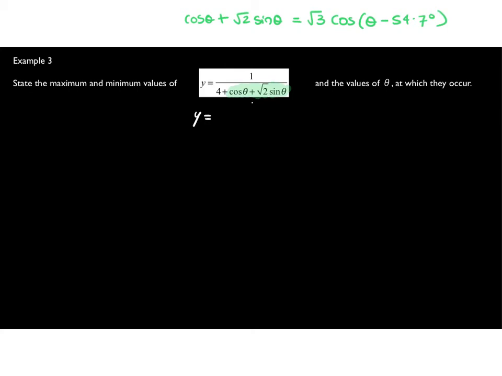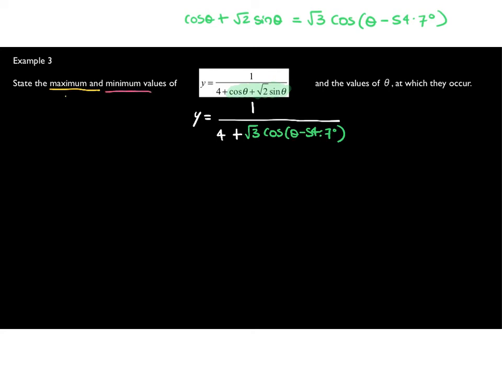So we can rewrite this function that we're now dealing with as y equals 1 over 4 plus √3 cos(theta minus 54.7 degrees). So when is this function going to take its maximum value, and when is it going to take its minimum value?